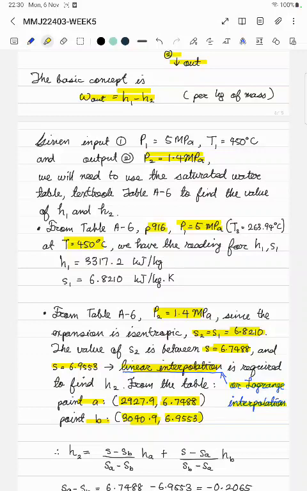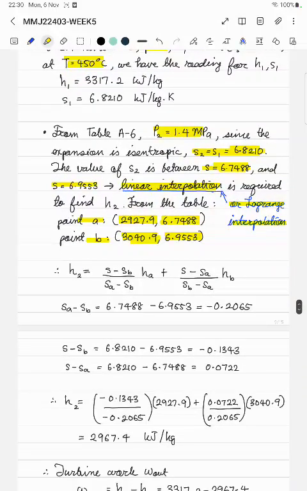So you can directly look at it and do your interpolation from there. Let's see, the entropy is 6.8210, and the pressure is 1.55. So you have somewhere around 6.7488 and 6.9553.